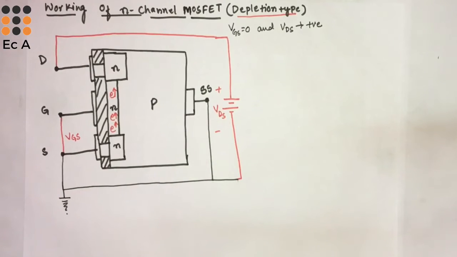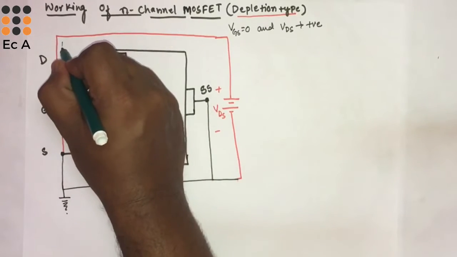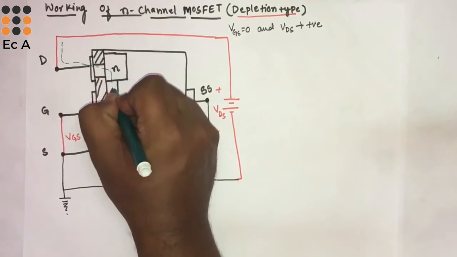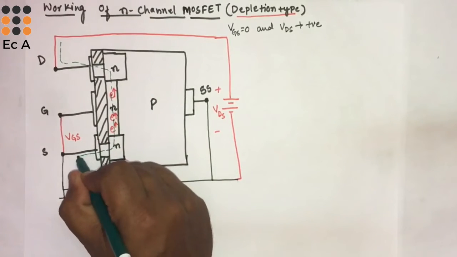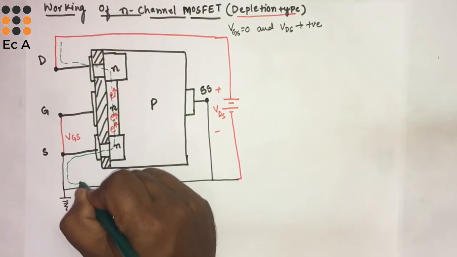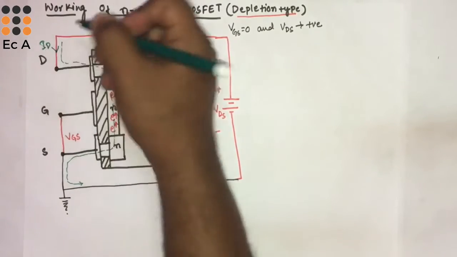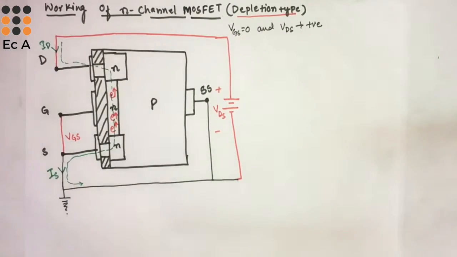This constitutes electric current in the opposite direction of the flow of electrons. So the current will flow through the drain, through this channel, and go out through the source terminal. We call the current ID, the drain current, and the source current IS.